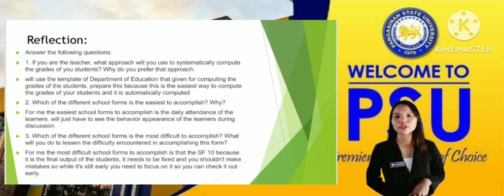Number 2: Which of the different school forms is the easiest to accomplish, and why? For me, the easiest school form to accomplish is the daily attendance of the learners, since we just have to observe the behavior and appearance of the learners during discussion.